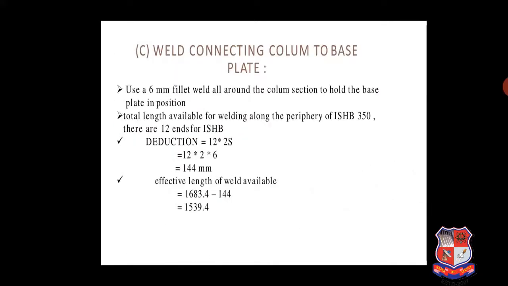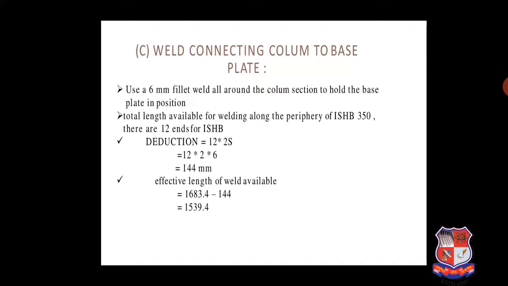So now our third step is the welded connection of the column base to the base plate. In this step we connect the base plate and column through welding. As we know the key point of our slab base, we use a 6 mm fillet weld all around the column section to hold the base plate in position. So the total length of weld available along the periphery of ISHB 350.